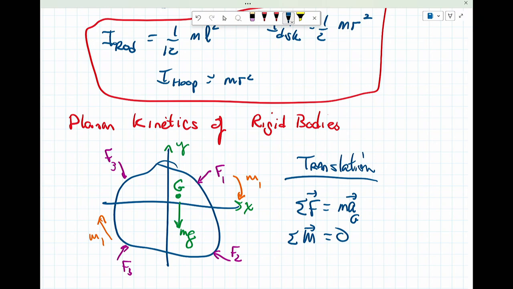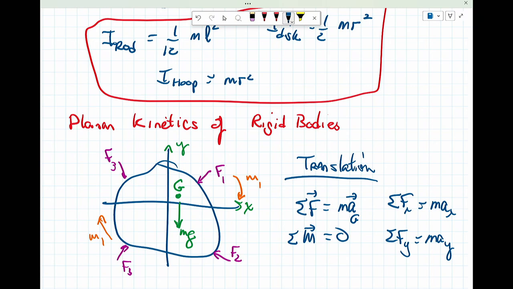You do have to break these problems up. Again, sum of forces x equals mass times acceleration x, sum of forces y equals mass times acceleration y. We don't do very much with n and t, or with r theta. I think we do a few cases. But the main point here is that you'll look at forces acting on a body.